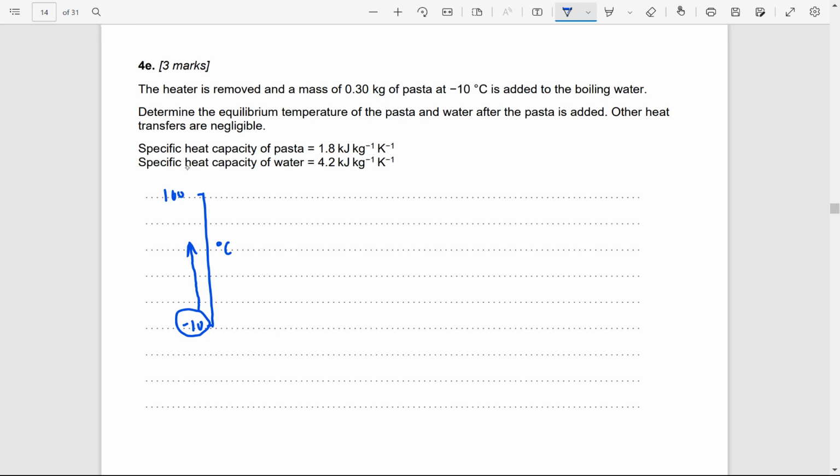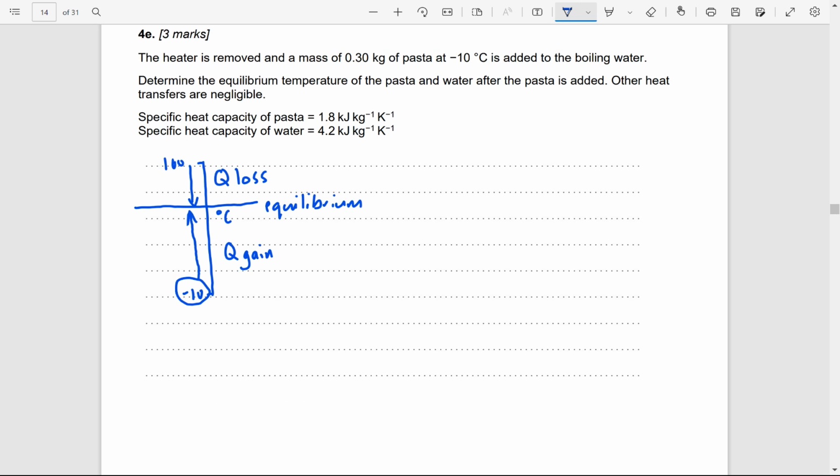But because we've placed something very cold in the hot water, the water is going to cool down and settle at a final temperature. And we call that the equilibrium temperature. So, in other words, the energy loss in the water is going to go into the energy gain of the pasta.